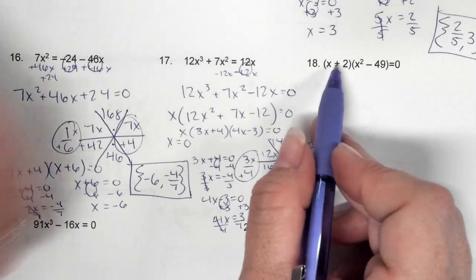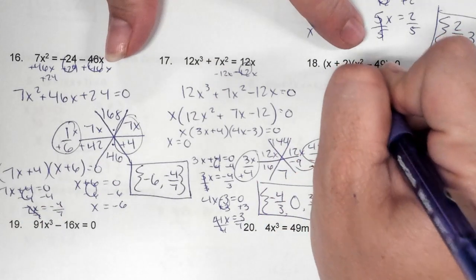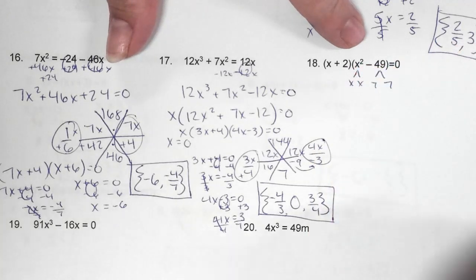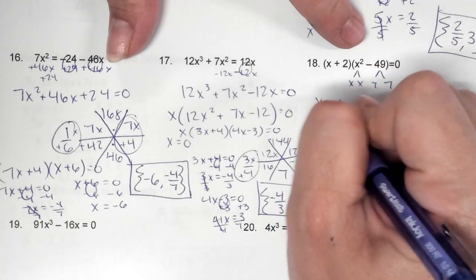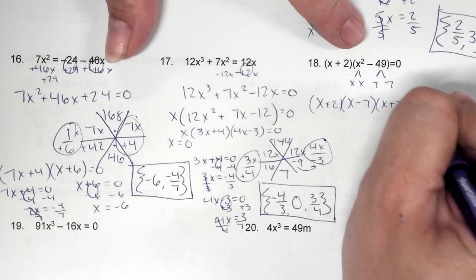Here, the first factor is already as factored as it can get. Now this is a perfect square minus a perfect square, difference of squares. I know x times x is x squared, and 7 times 7 is 49. So there's that first factor, and then I get x minus 7, x plus 7.